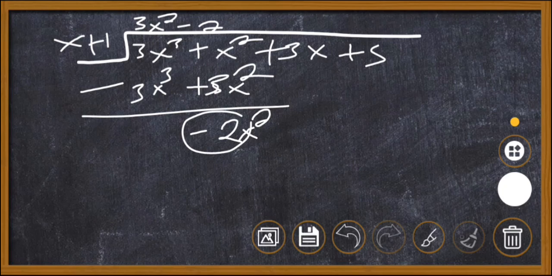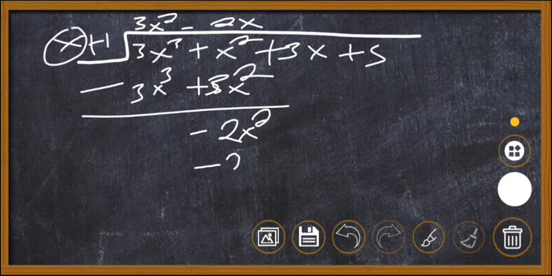And then since we are looking for the value that will give us x squared here, we are going to find the value that we multiply with this x for us to have x squared, which we know is simply x. So negative 2x multiplied by x, we are going to have negative 2x here.